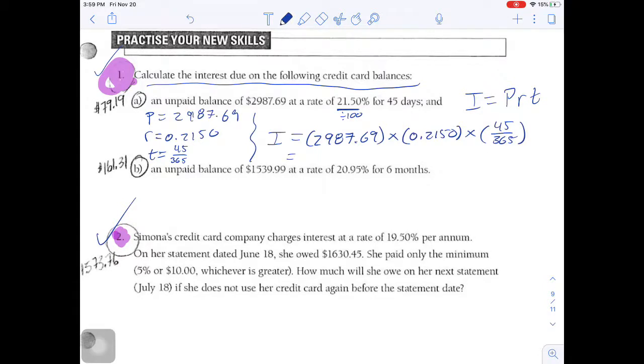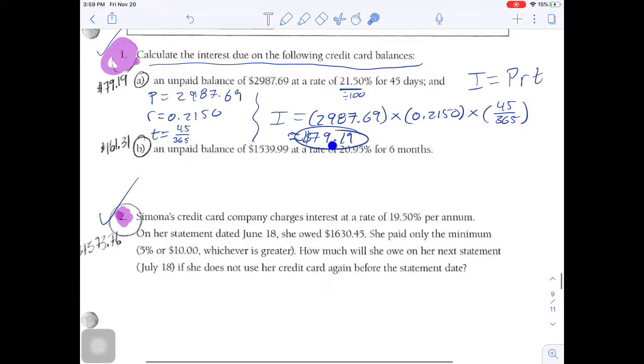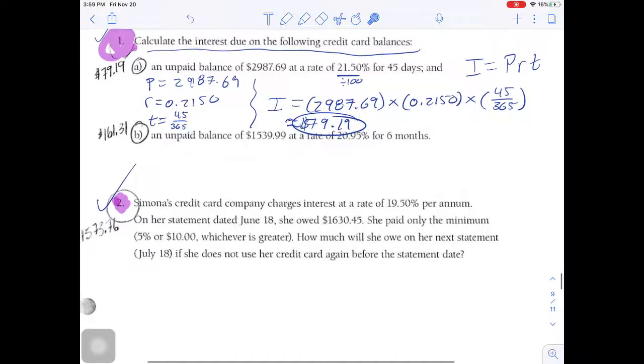You would plug all that in your calculator and you're roughly going to get $79.19. Okay, so they're going to add that on to this. That's the interest that you owe. You're not making this money. This is the unpaid balance. So you've used your credit card, but you haven't paid it off, and it slowly gets more expensive as you don't pay things off.